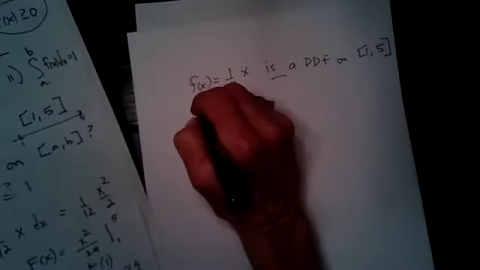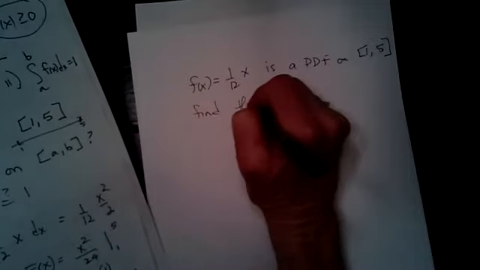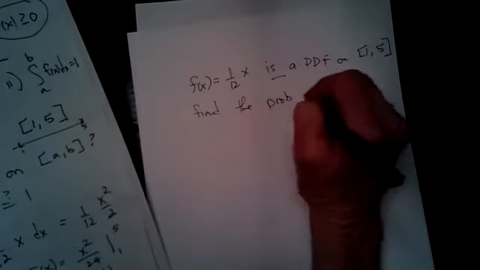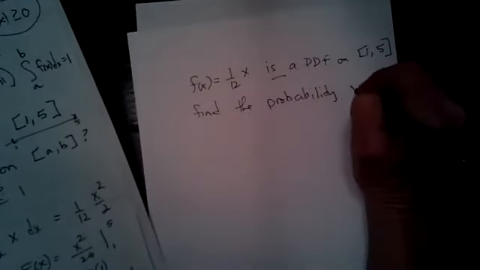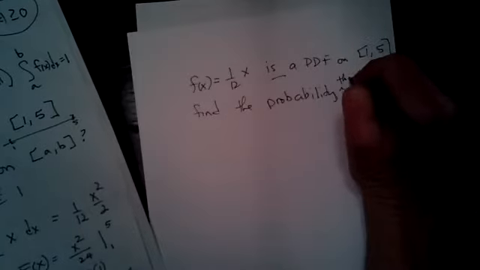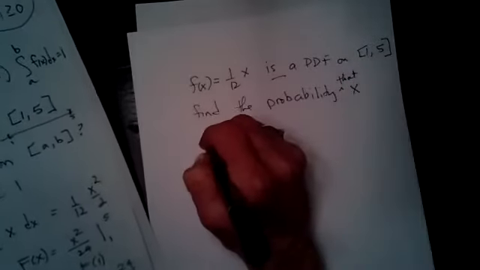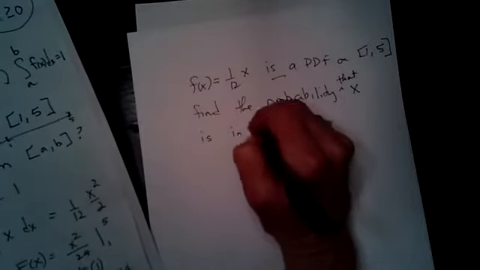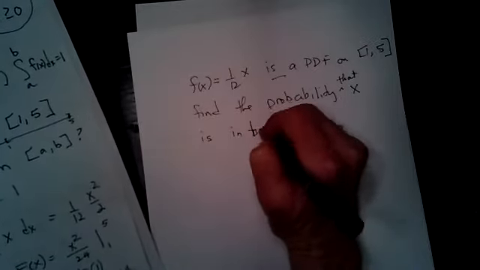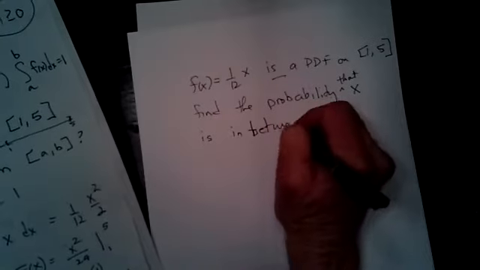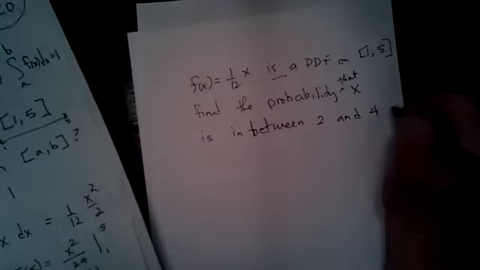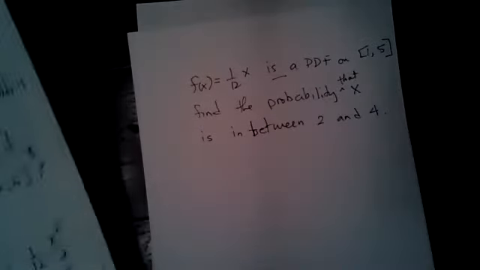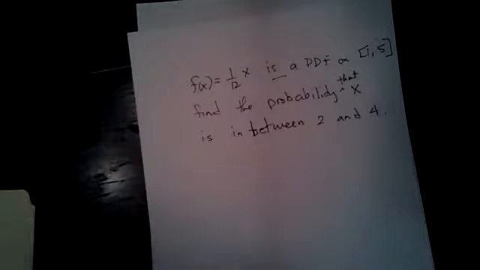So what if we wanted to find the probability that X is in between 2 and 4? Okay, all right, so all this stuff about subintervals, and this is what I'm talking about.